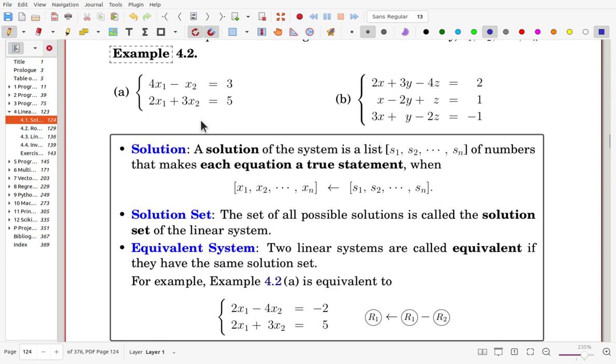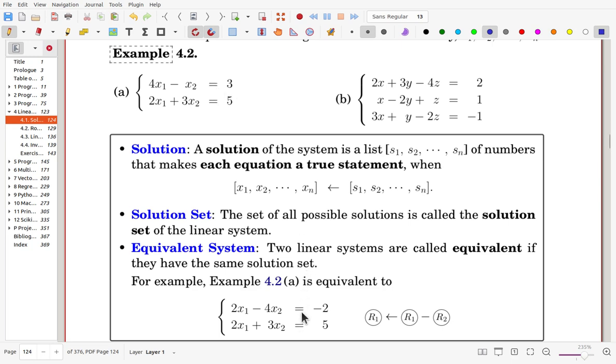For example, take this system and this system. This one is made with this operation: the first equation is replaced by the first equation minus the second equation. Here, the second equation is subtracted so that 2x1 minus 4x2 becomes minus 2.